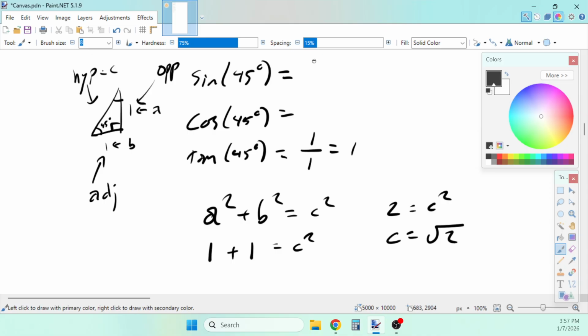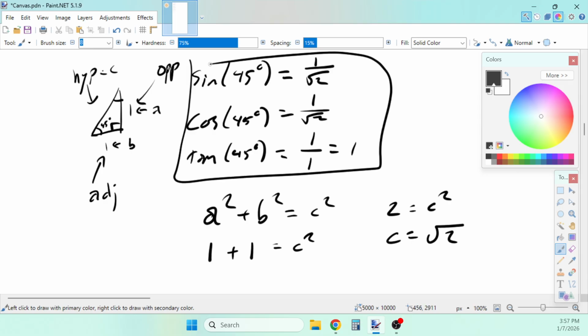So that means that the opposite divided by the hypotenuse is 1 over the square root of 2, and the adjacent divided by the hypotenuse is also 1 over the square root of 2. So these 3 values will come into play on question 1 of the quiz that you're doing. Okay.